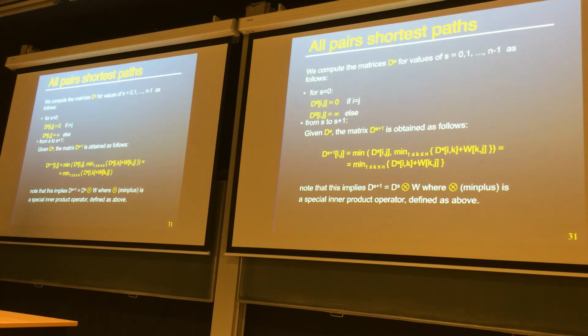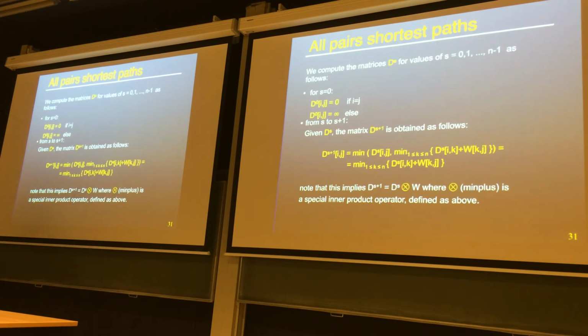Yeah? If you use s+1 edges, then you know that, well, you are using at most s edges between i and some node k, and then one edge between k and j. Well, the weight of that edge is w_kj.